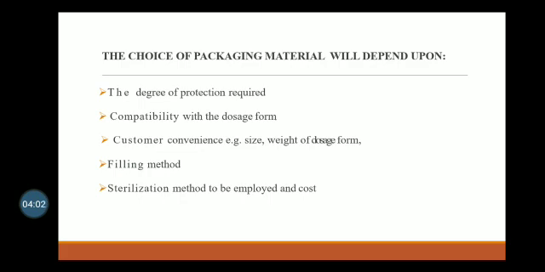The choice of packing material will depend upon: first, the degree of protection required, second, compatibility with the dosage form, third, customer convenience, for example size and weight of dosage form, then filling method, sterilization method to be employed, and cost.